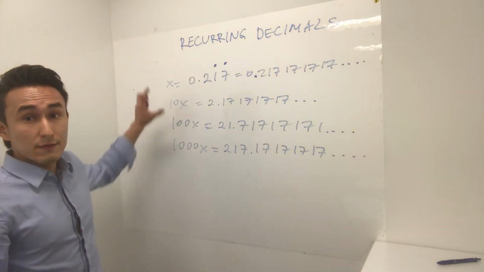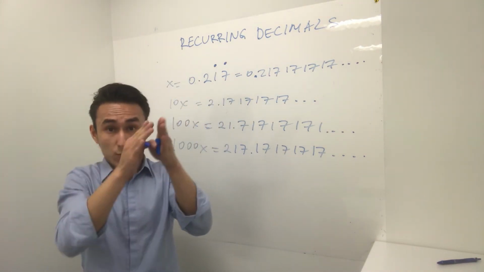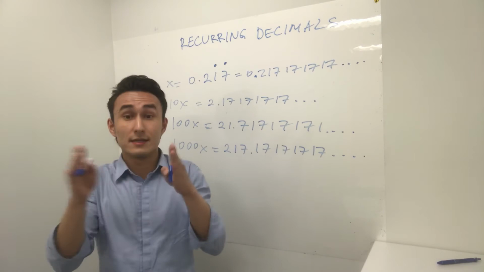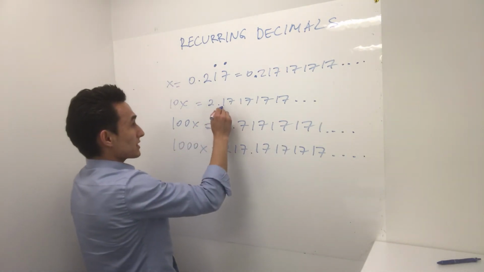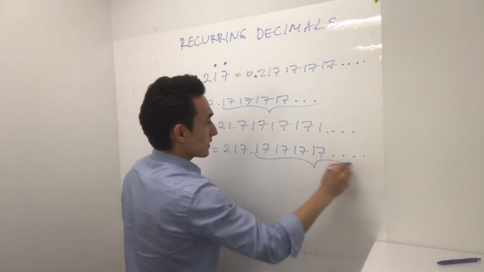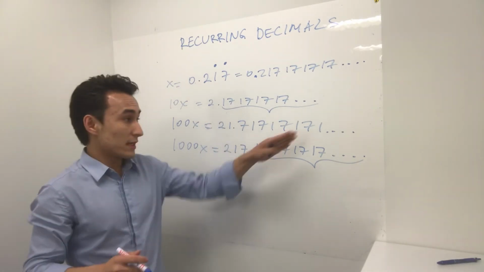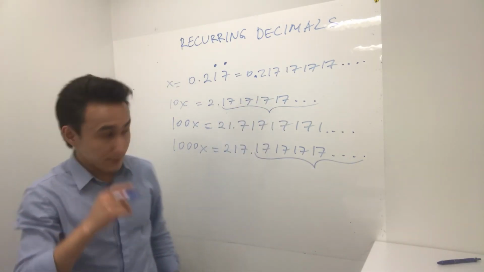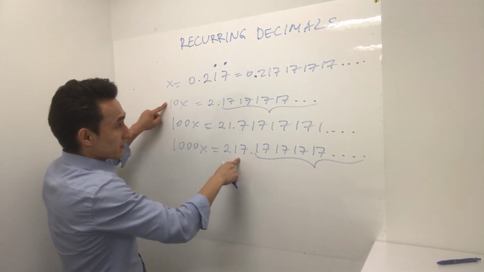So let's analyze x, 10x, 100x, 1000x. Which two of these 4 have equal decimal parts? After the dot, which ones are identical? By looking at it, you will realize there's 17171717 here, and 171717 here after the dot. If we subtract them, these decimal parts will cancel out. That means 1000x minus 10x is equal to 217 minus 2.